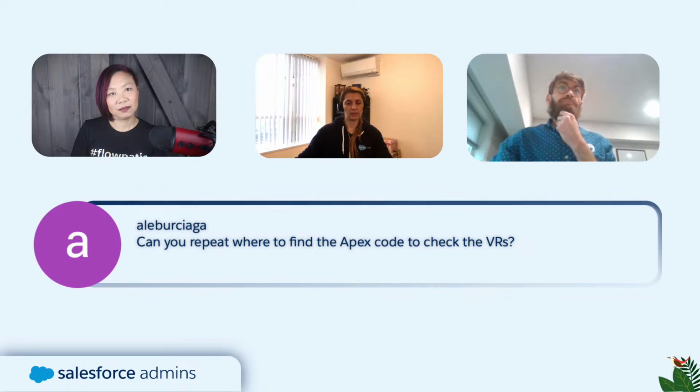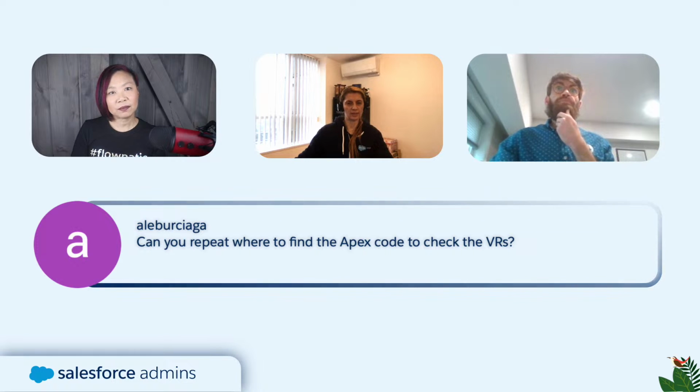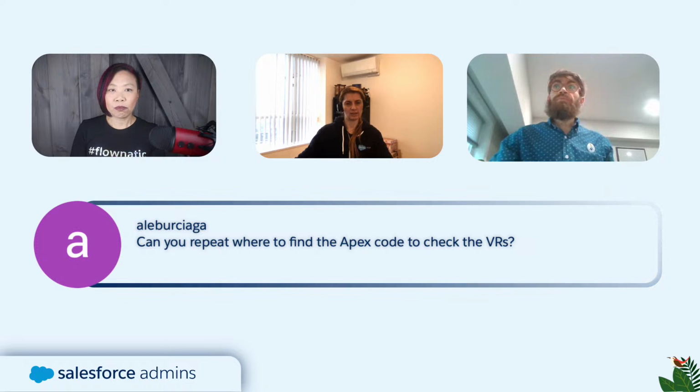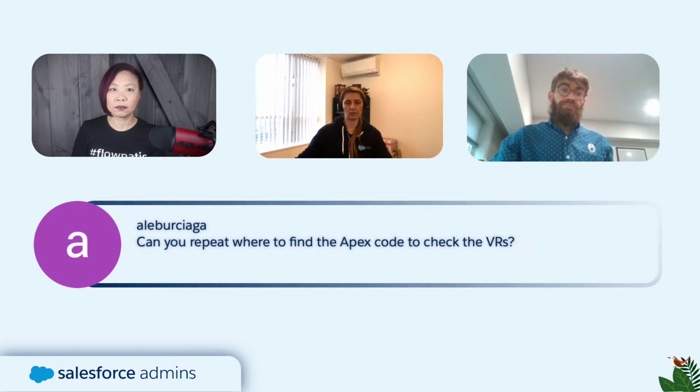There was a really nice demo shown during the release readiness live video in the last release, and I hope we'll see some of that in the upcoming release as well, in Winter '24. So I definitely suggest that everybody try to play around with it, because it will help you be more independent from a developer, especially if you're like Dirk and you're a solo admin, and you don't have a developer in your org.